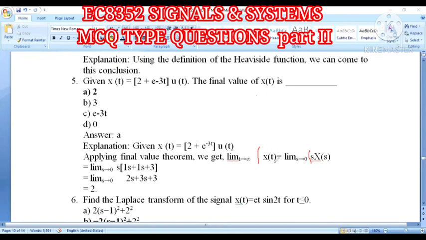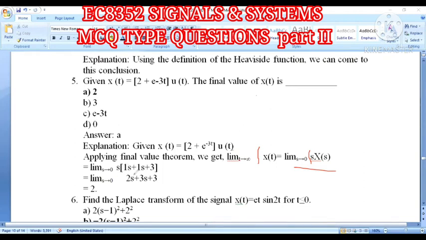Because it is a Laplace transform, I put here the integral. So this is the final value theorem. According to the final value theorem, on the right hand side, limit s tends to 0 of s into x of s. So here x of s is 2 plus e power minus 3t, right?